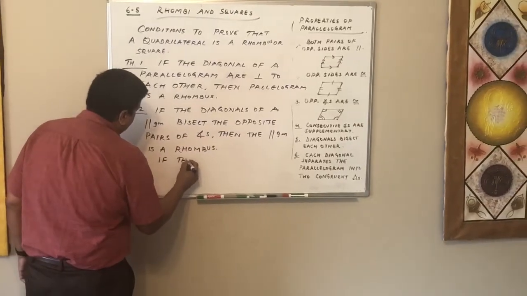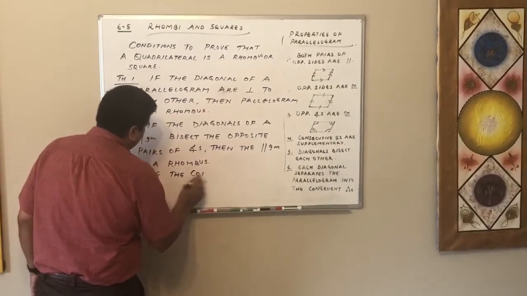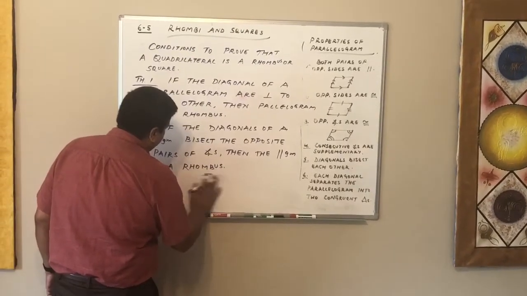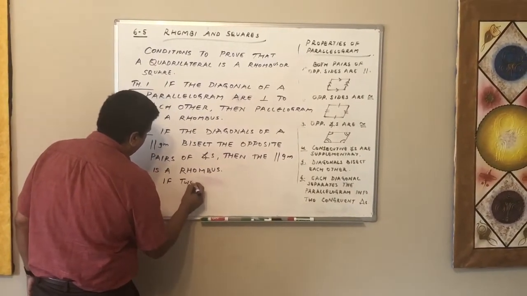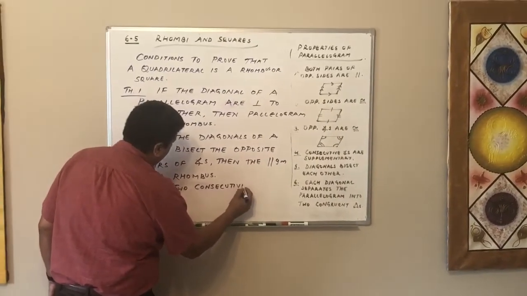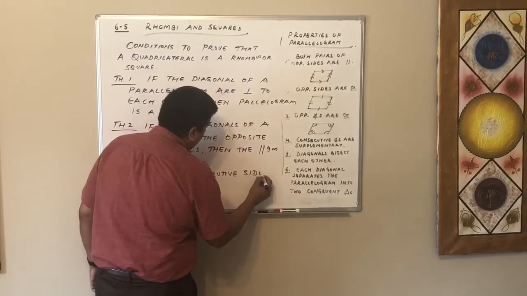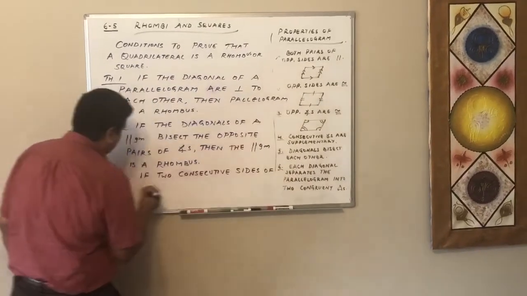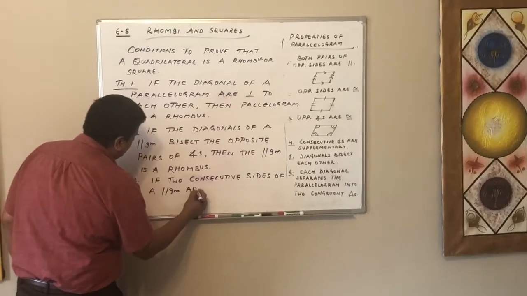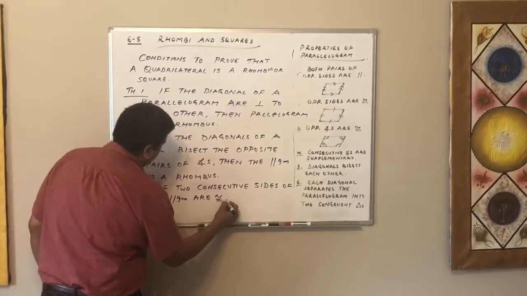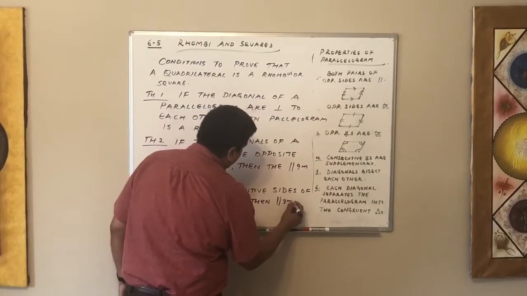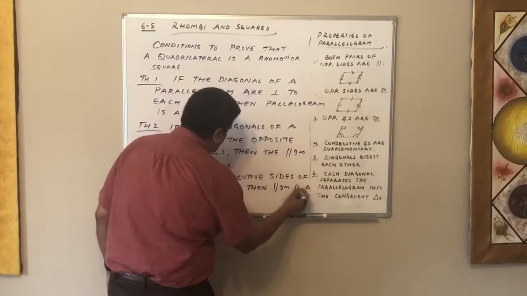If two consecutive sides of a parallelogram are congruent, then the parallelogram is a rhombus.